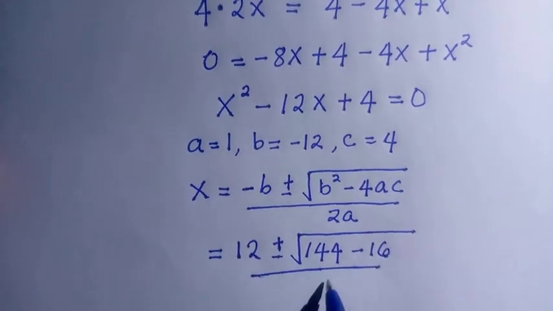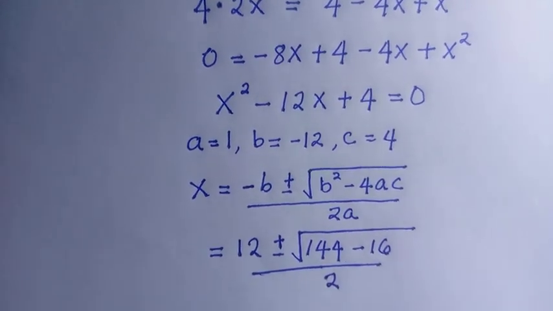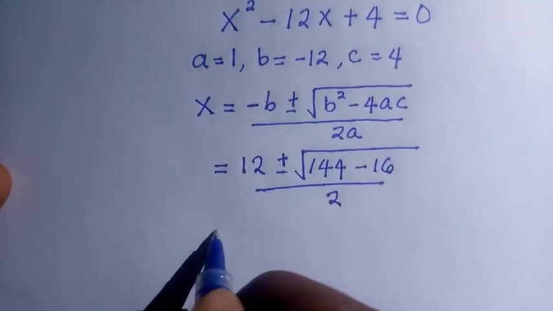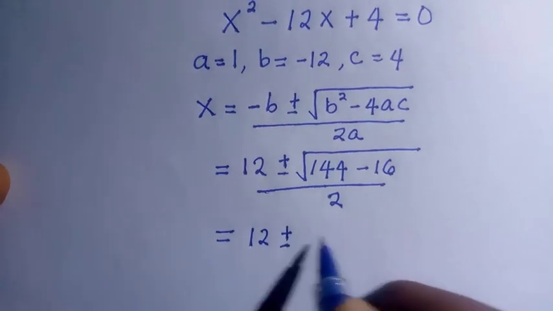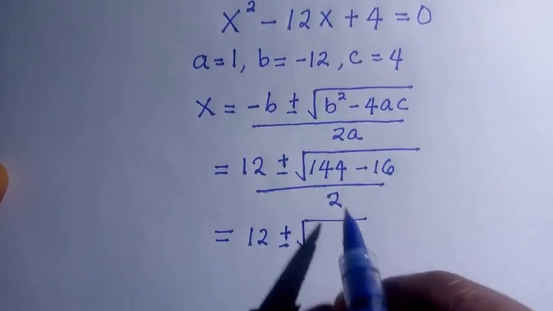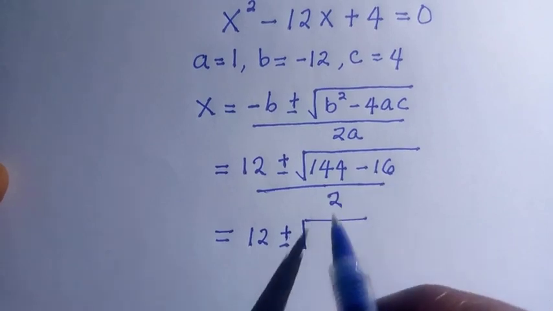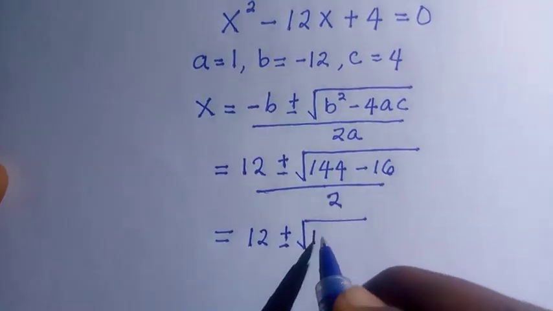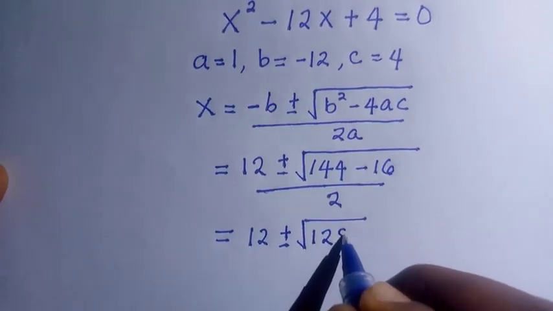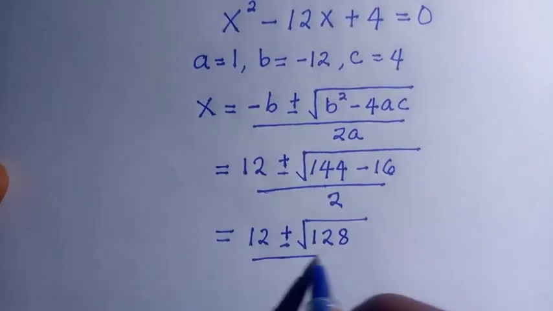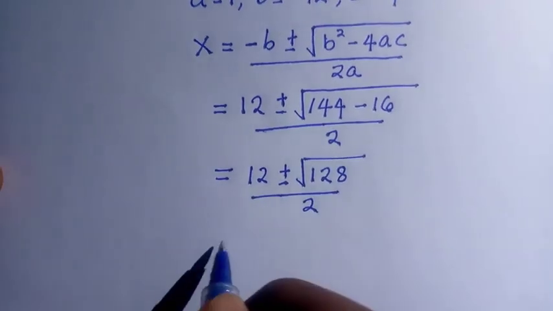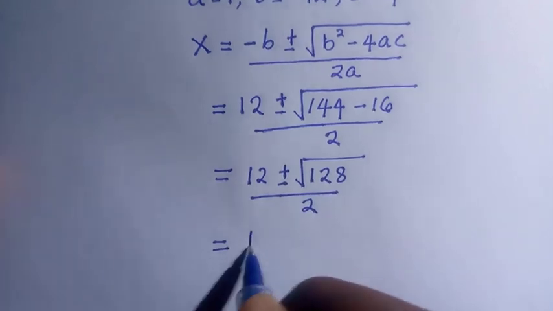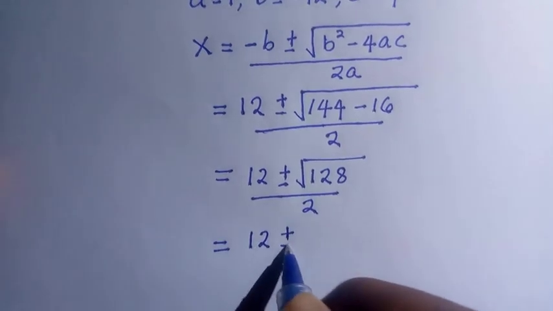Then divided by 2 multiplied by 1, that is 2. We further have 12 plus or minus the square root of, taking 16 out of 144, we get 128, divided by 2.